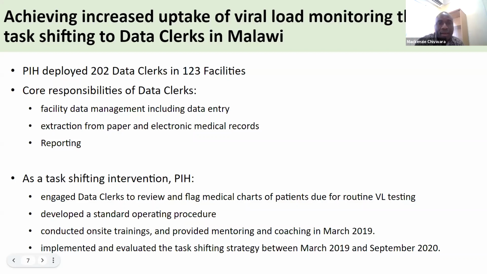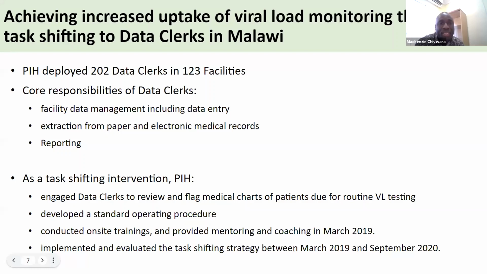through the following processes. Number one, we engaged data clerks to review and flag medical charts for patients that are due for viral load testing. We also developed a standard operating procedure for how data clerks can support this process.